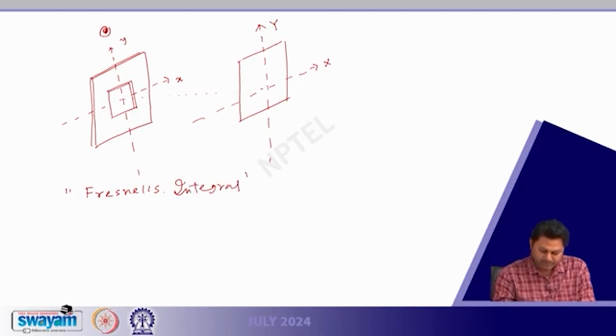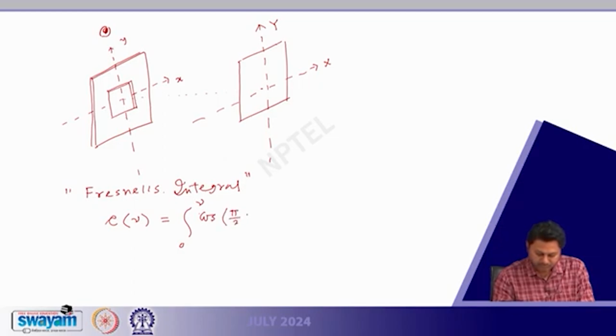This Fresnel's integral by definition suggests curly C, which is a function of nu, is equal to the integral from 0 to nu of cos of pi by 2 x square dx.